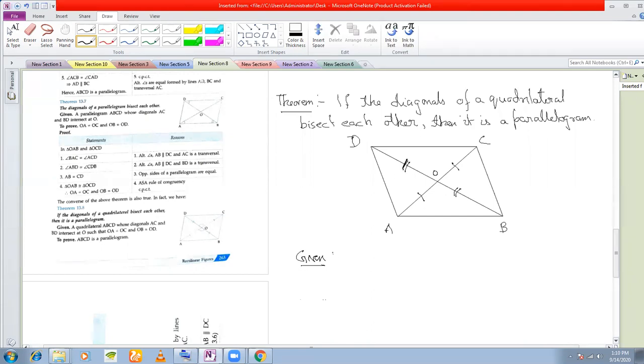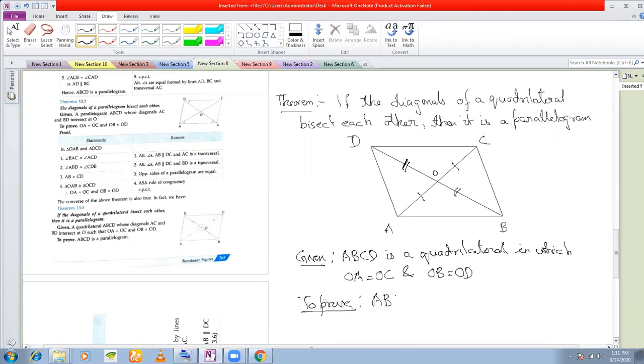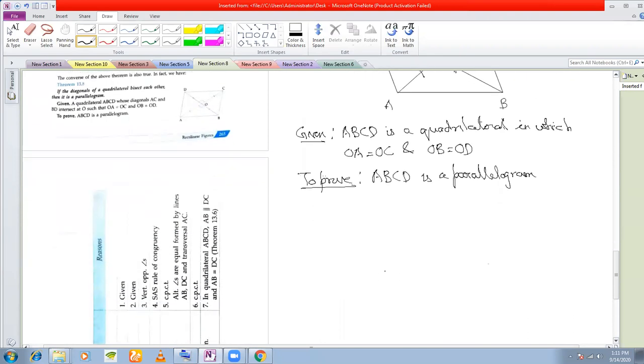Given ABCD is a quadrilateral in which OA is equal to OC and OB is equal to OD. To prove: ABCD is a parallelogram. So how do we prove?